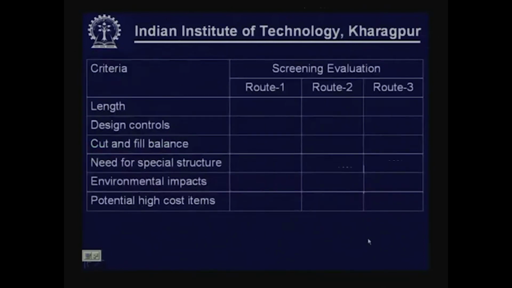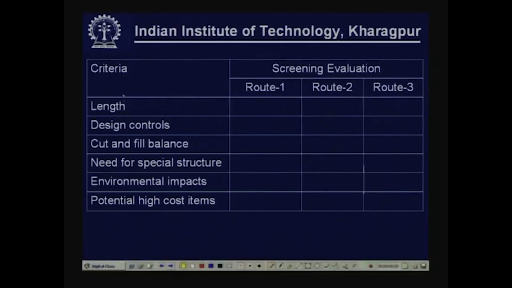In some cases you will find it easier if you put the information in a format like this, where you put the criteria. These are only indicative.